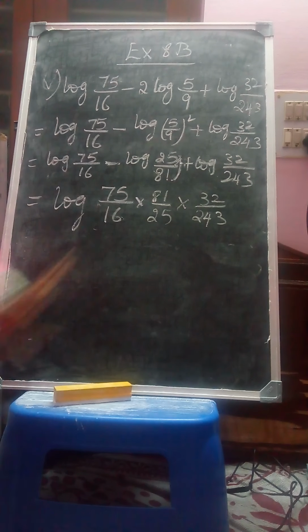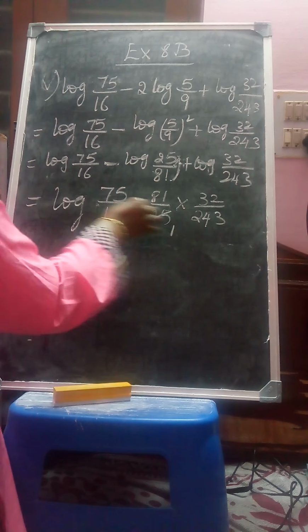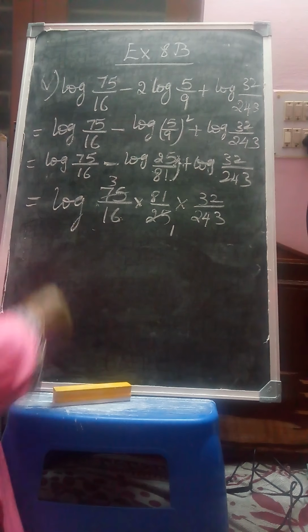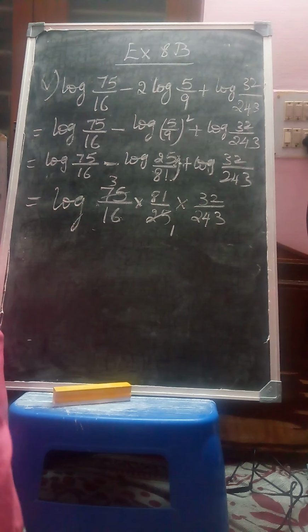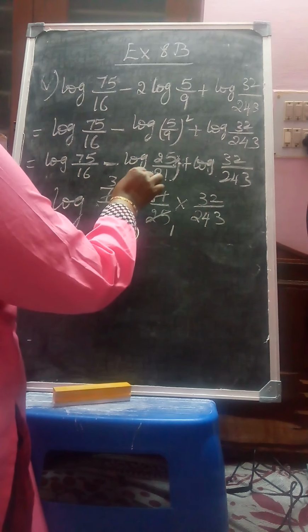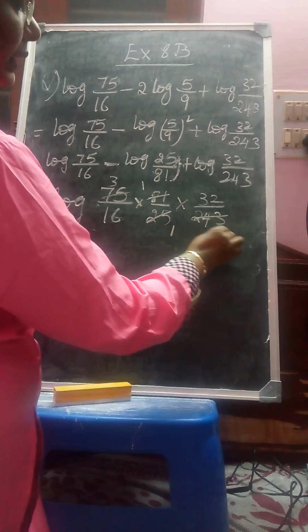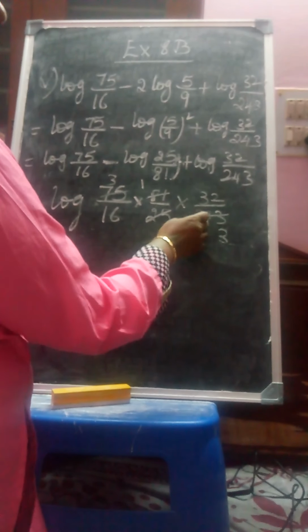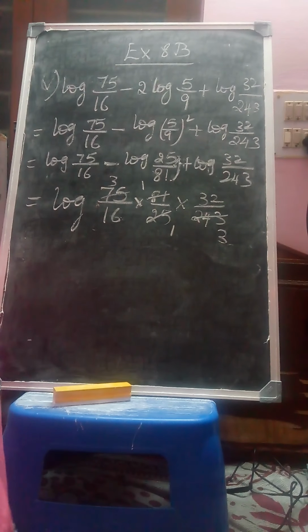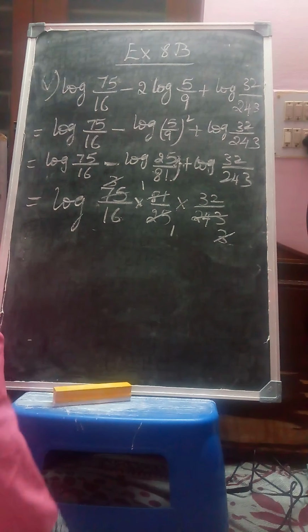Now we can simplify this. See here, 25 ones are 25, 25 threes are 75. Now here 81 ones are 81 and 81 threes are 243. Now 3 and 3 get cancelled here.